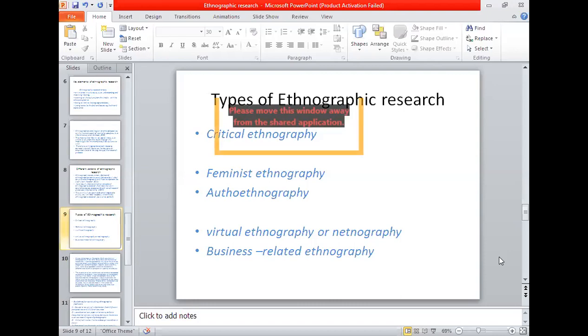Business related ethnography is a type of ethnography where, if you want to understand any particular business community or business organization, then that ethnography would be called business related ethnography.